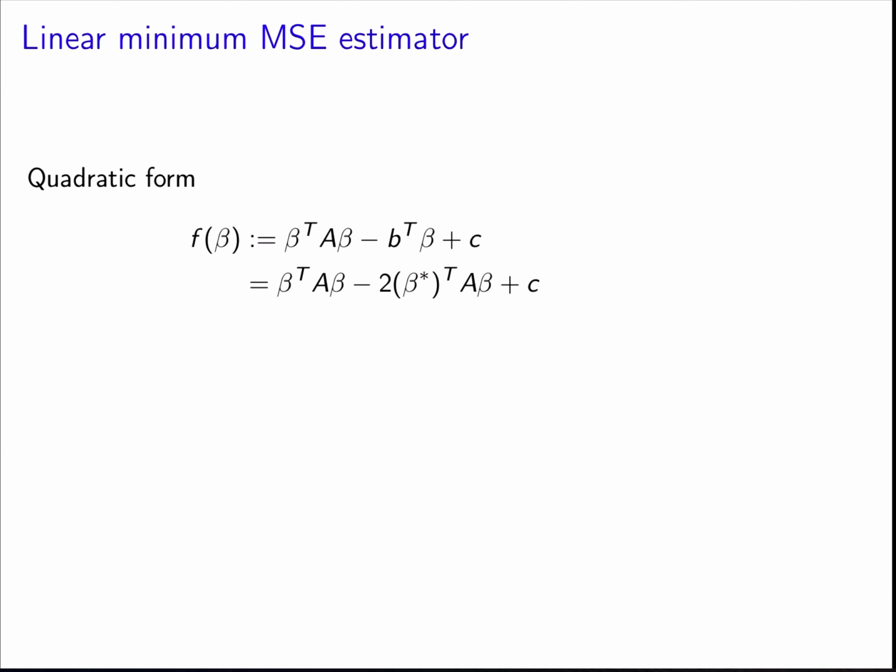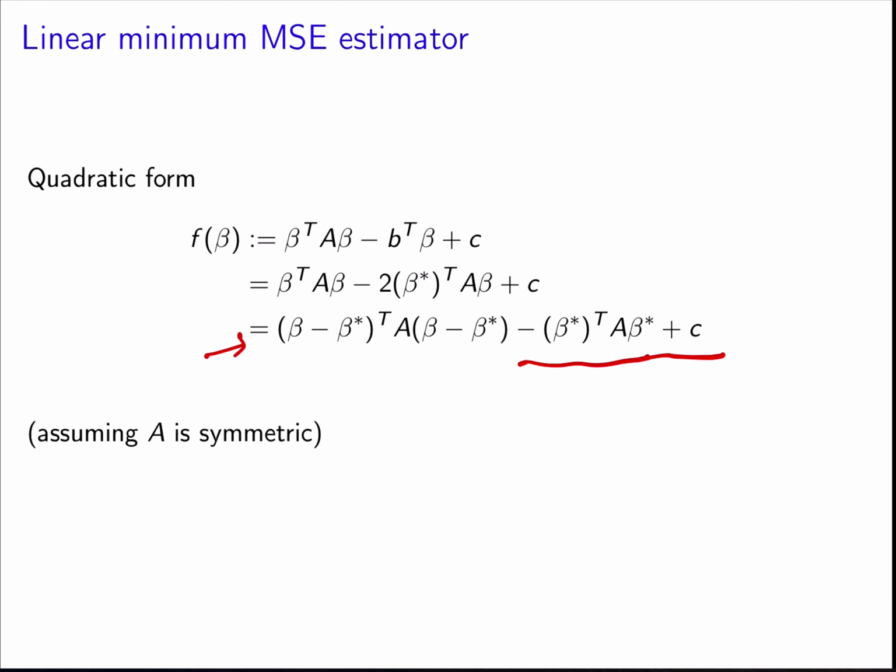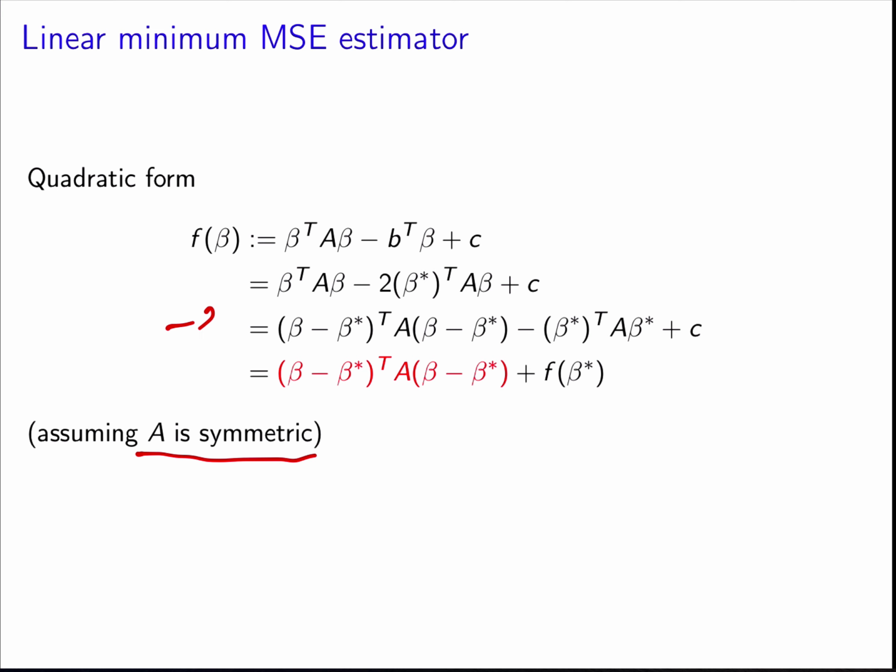So we have done a change of variable to write the cost function in terms of beta prime, and we discover that we can write it as, by the way, this only works if A is symmetric, two terms. One is just the cost function at beta prime, and another one is this, where we have the difference between beta and beta prime applied on the left and on the right of the matrix, which is essentially the Hessian of the quadratic form.